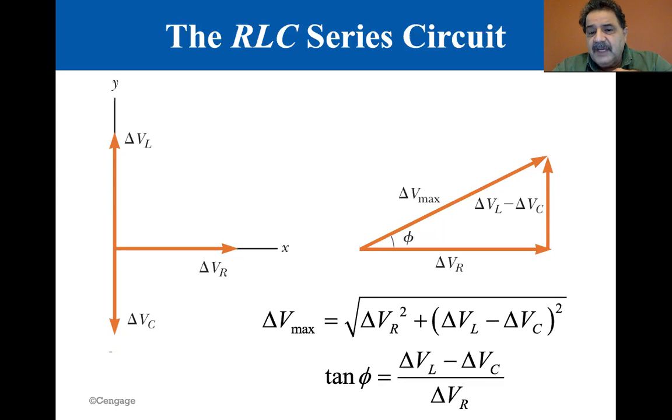So the tangent of theta is equal to delta VL minus delta VC divided by delta VR. So theta, the phase angle, is equal to the arc tangent, or tangent minus 1, of delta VL minus delta VC divided by delta VR.